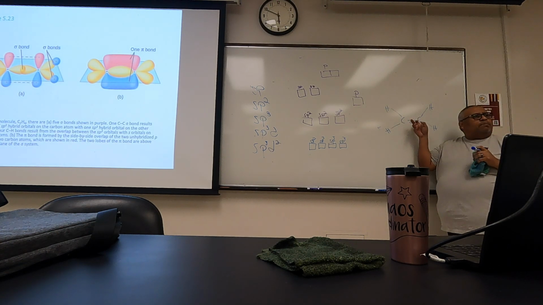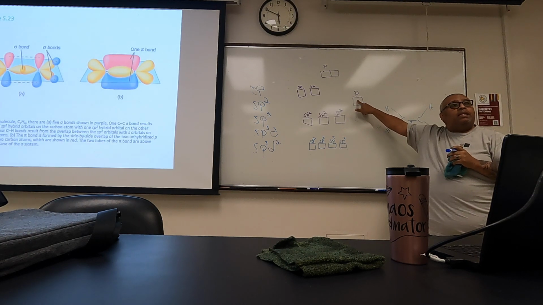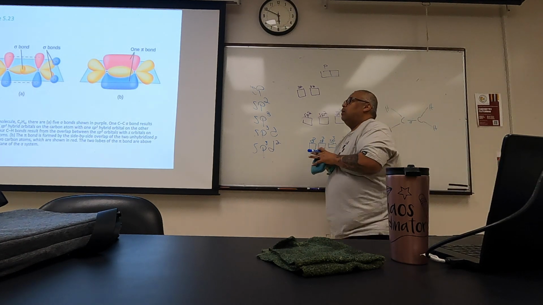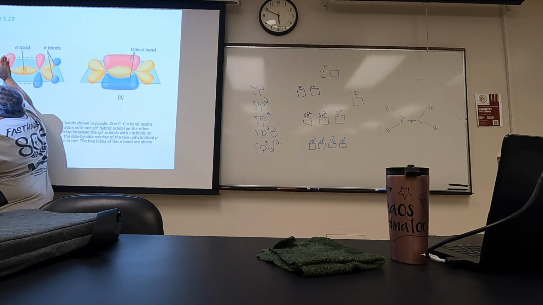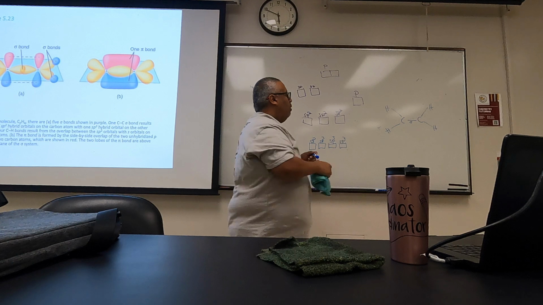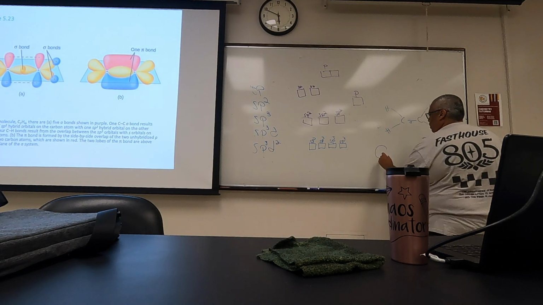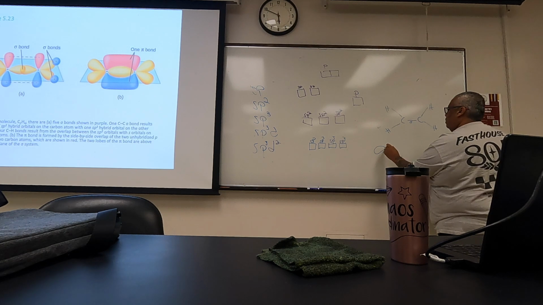But since this is sp2 hybridized, there is an unhybridized p orbital here. So this is 1 sigma bond here, but then the way that these are oriented, remember that is how we make our pi bond. I hate making these dumbbells.